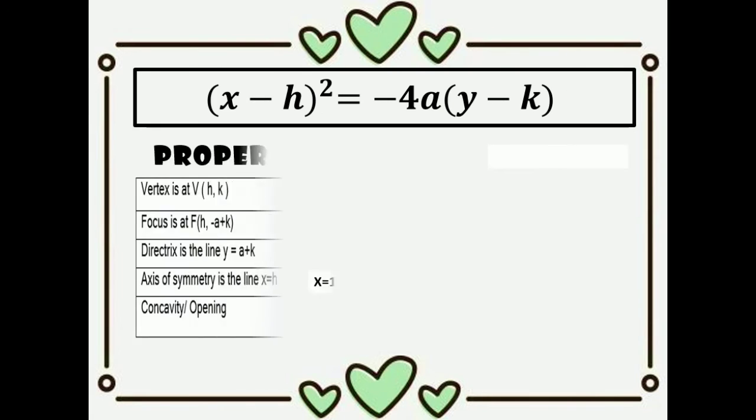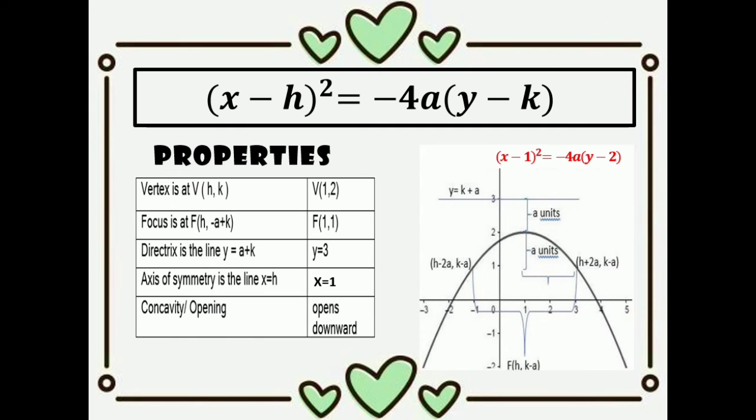Lastly, the fourth equation is the quantity (x minus h) raised to the power of 2 equals negative 4a times (y minus k). For example, (x minus 1) squared equals negative 4a times (y minus 2), and on the right side is its graph. The properties are the following. The vertex is (1, 2).